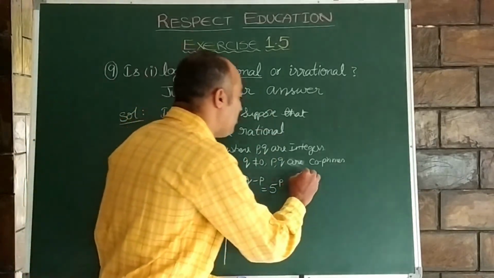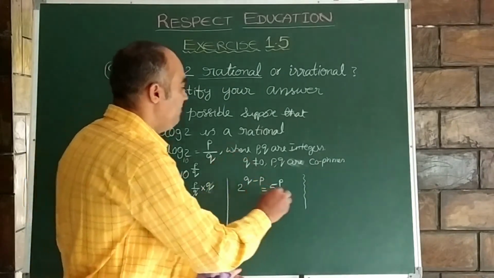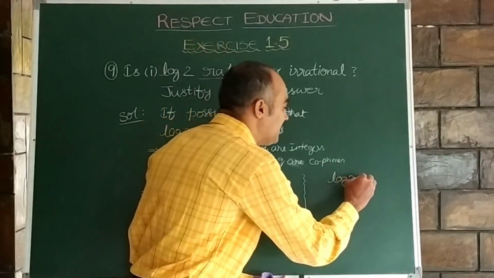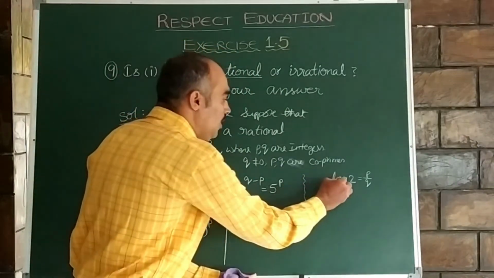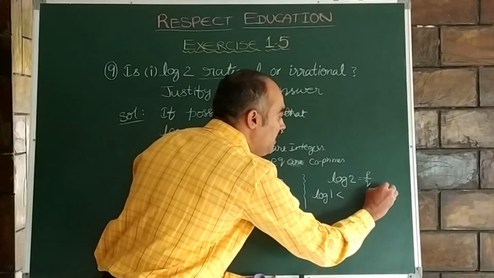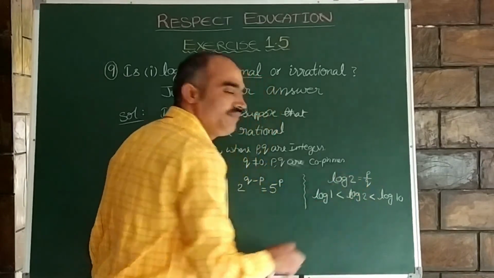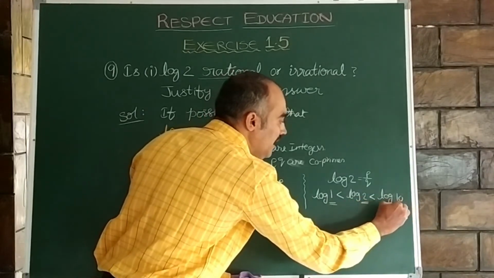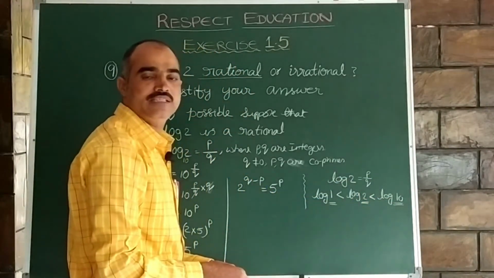Let us enter one more small concept, children. Here we are finding the value of log 2, and we are taking the log 2 value as p by q. But already you know, children, log 2 is always in between log 1 and log 10, because 1 is less than 2, and 2 is less than 10. Their logarithmic values are also in ascending order.